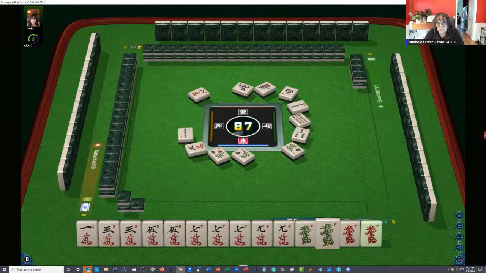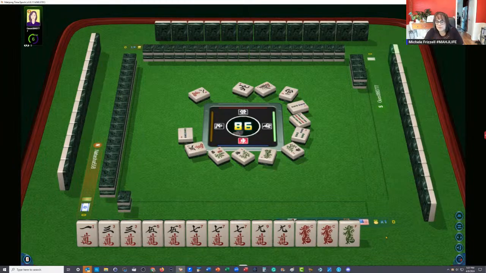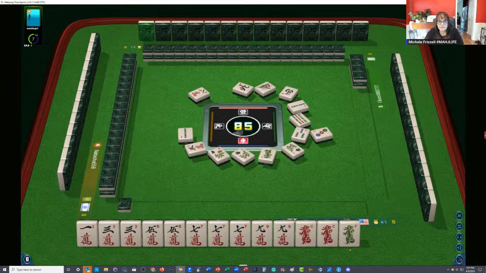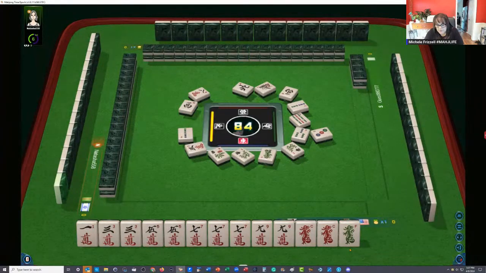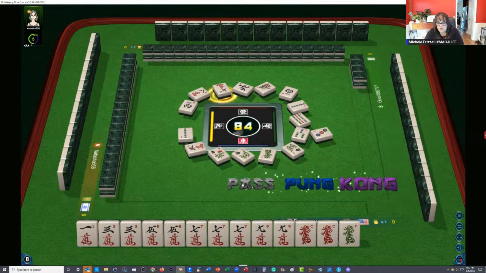Oh my goodness. Green dragon. Okay, well maybe somebody kept that red dragon, I think. 3 dots. West wind. 1, 3, 5, 7, 9. Pairs of 3s and 7s. 7 characters. We have an extra 7.